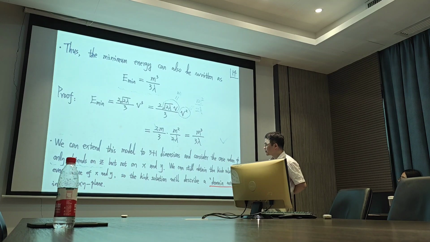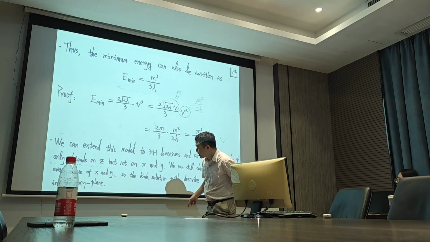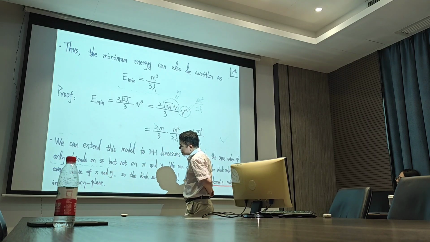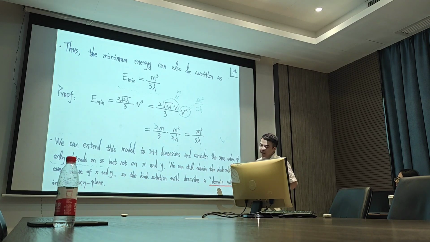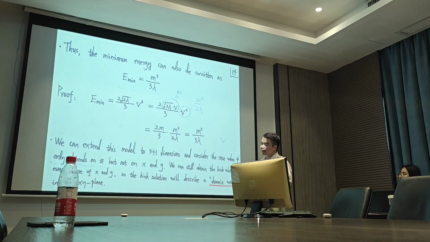So we can also obtain the kink solution for every value of x and y, because the solution is not dependent on x and y. So the solution in three-dimensional space is like a wall, with the xy plane identical along the z axis. So it's the domain wall.